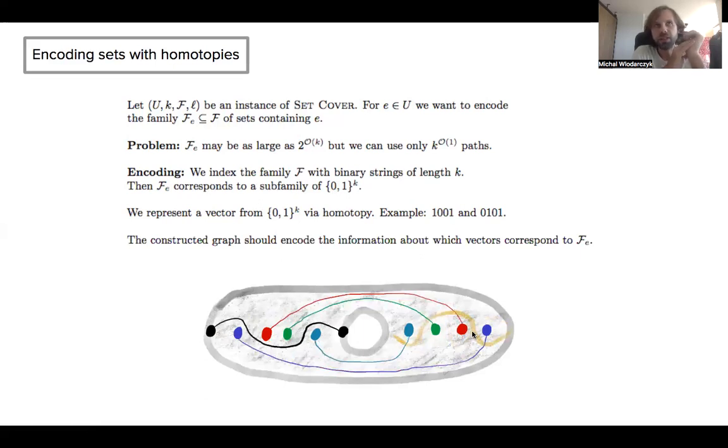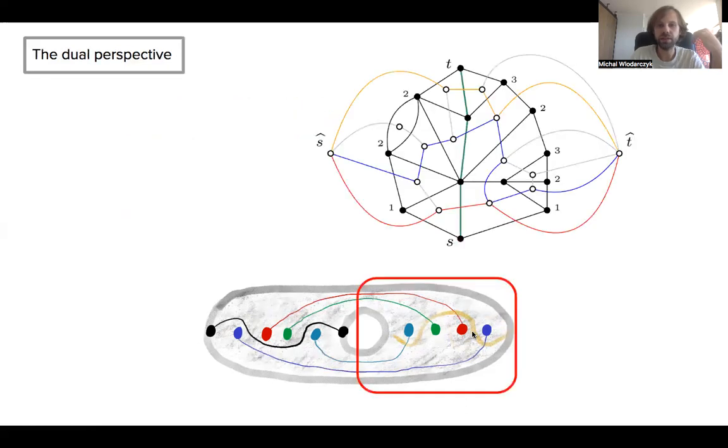So in some sense, the length of this curve indicates how many crossings we can have here, and the length of this path is where we would encode the information about which vectors are good or bad.